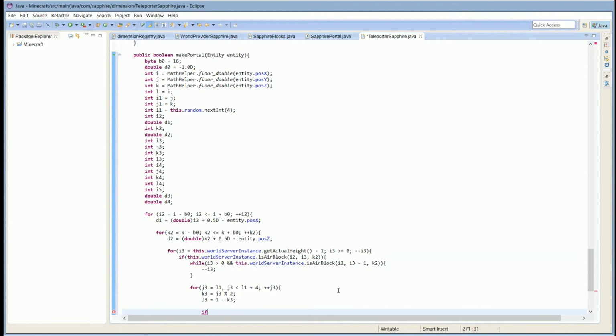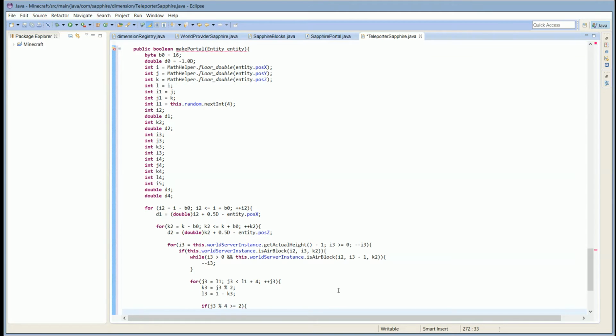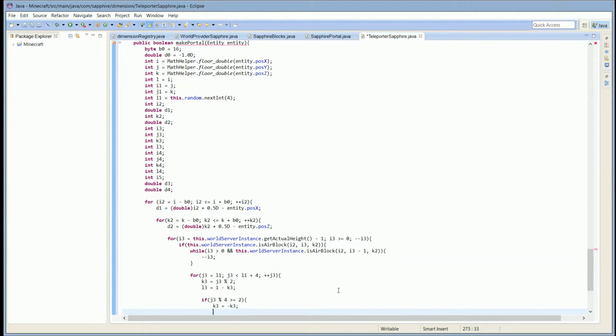If J3 percent 4 is less than or equal to 2, then K3 is equal to negative K3, and L3 is equal to negative L3. Okay?